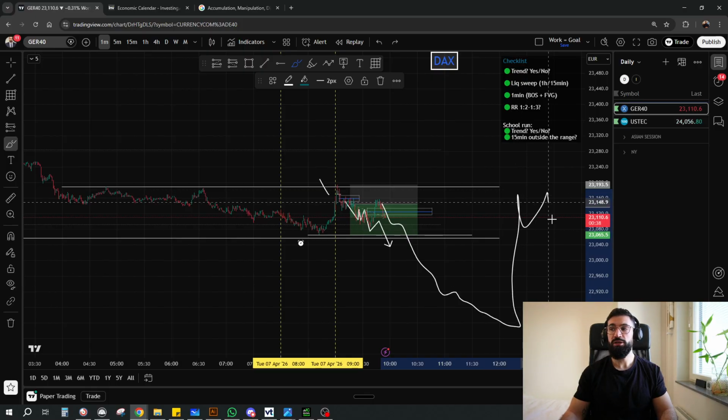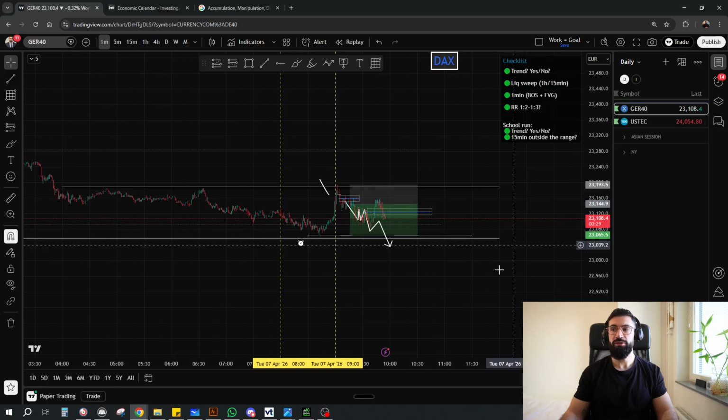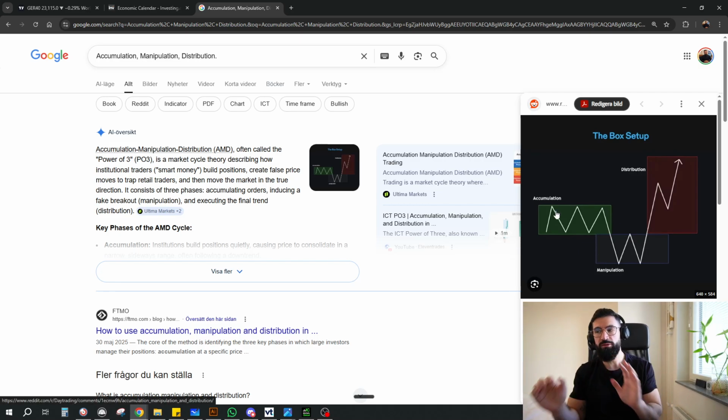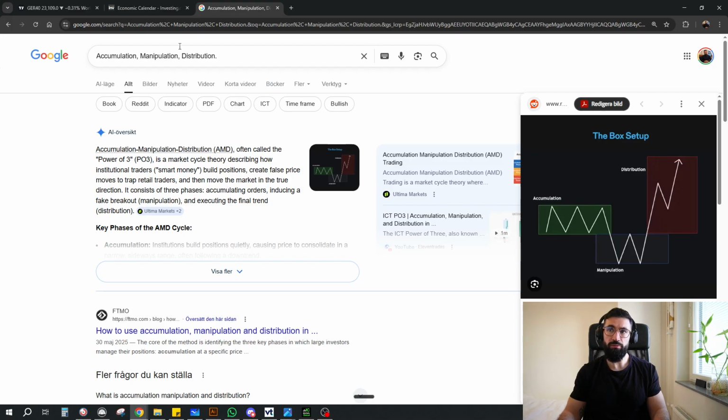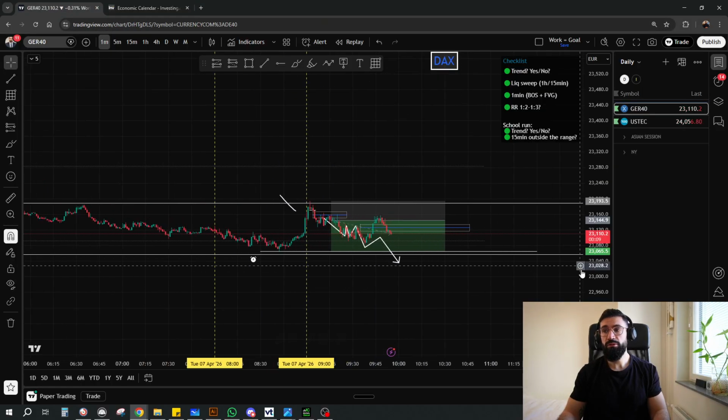Or should it just keep accumulating and consolidating in the overnight range? Because if it doesn't manipulate during the London session, these just shift to the right. The accumulation part becomes the London session, and the New York session becomes the manipulation part. There you go, the short explanation of it.